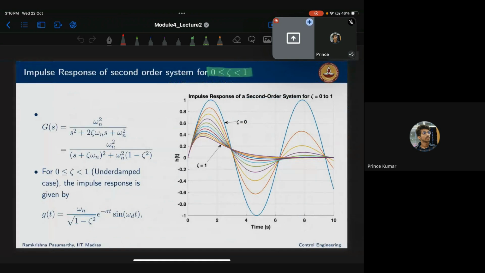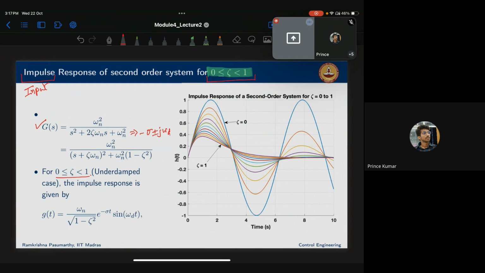Okay, now let us see the first case. We are considering the input as only an impulse. This is the expression we have, minus sigma plus or minus j omega d. This is the first case, when zeta is between 0 and 1.